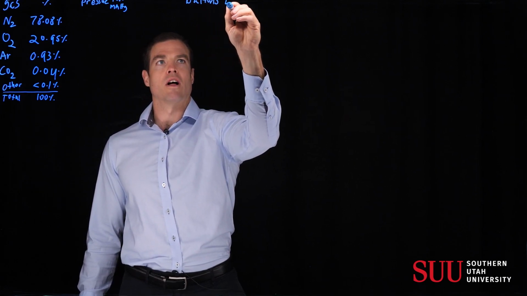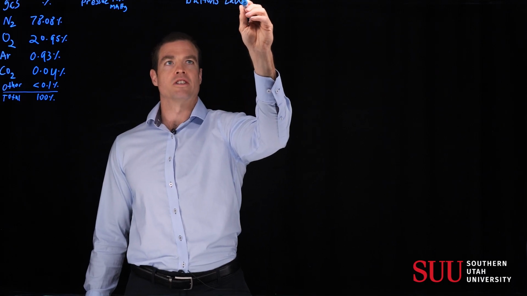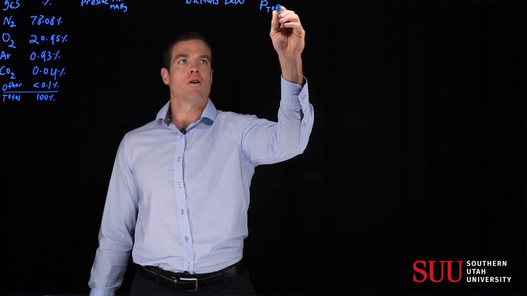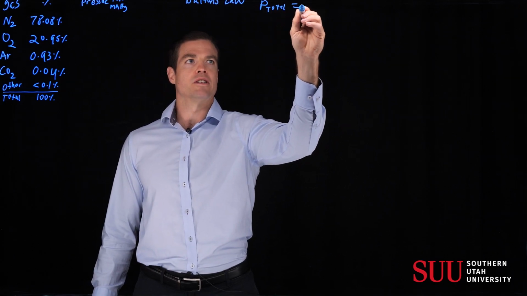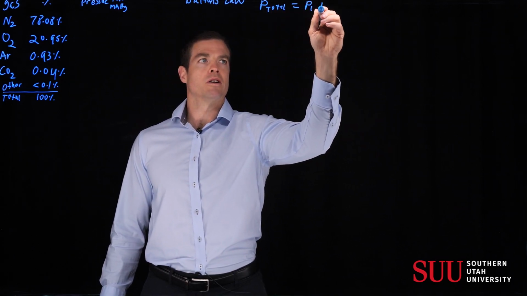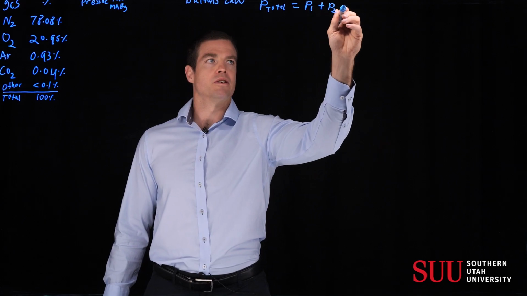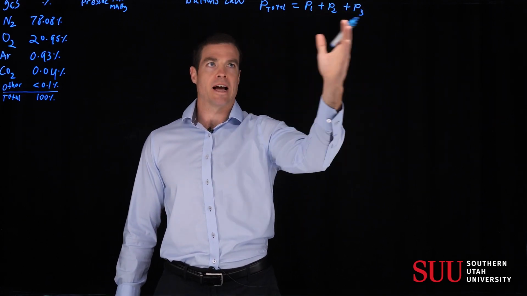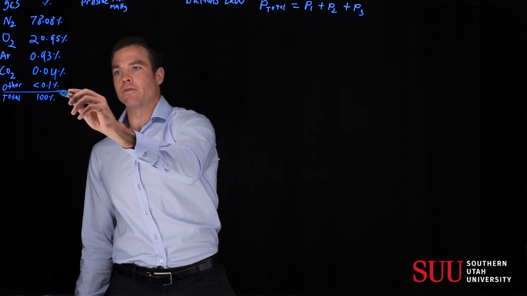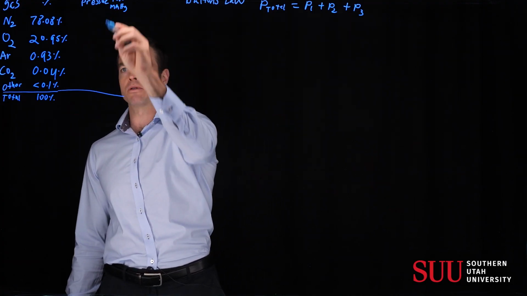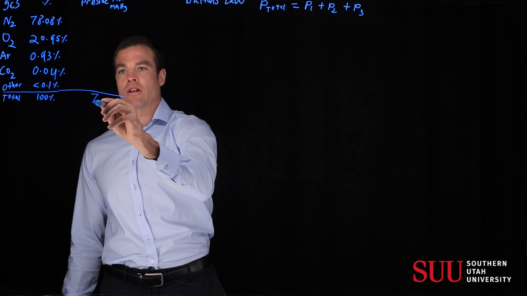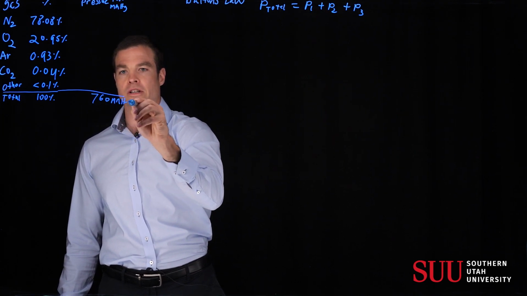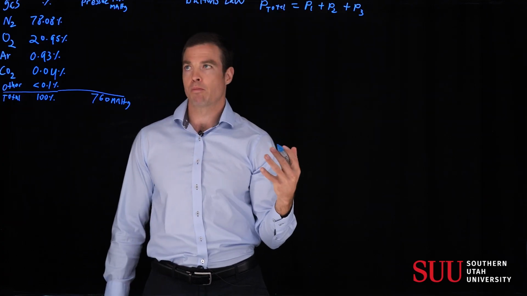P total is going to equal P1 plus P2 plus P3, and we add all these up together. If we add all these pressures up, we would get a total of 760 millimeters of mercury, and this is at sea level.